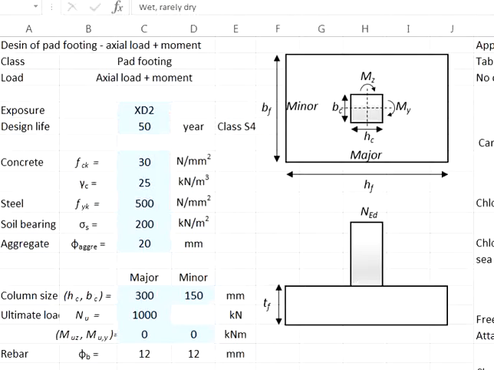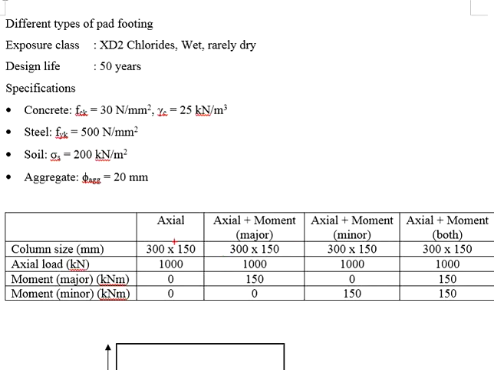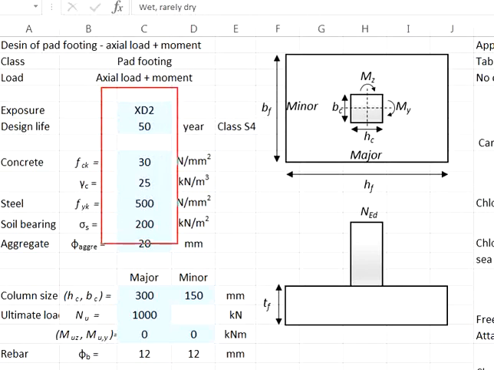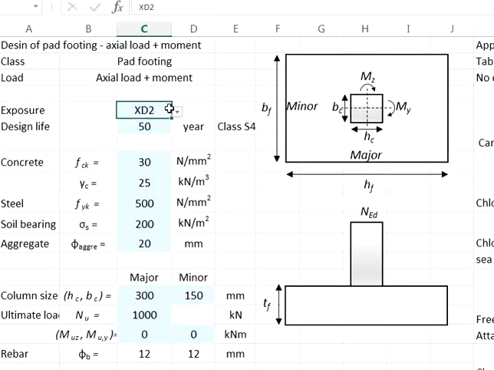I use a spreadsheet to help me with the calculations. First, we deal with the pad footing subjected to pure axial load. The relevant specifications are included: exposure class XC2, design life either 50 years or 100 years. fck, we use 30.